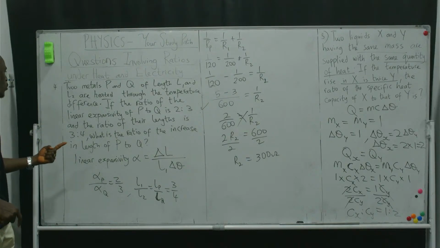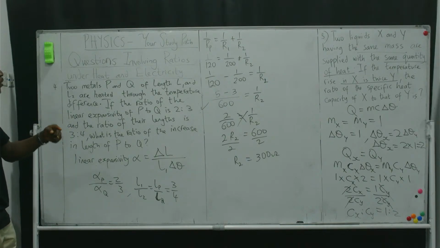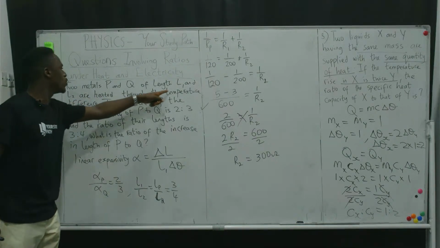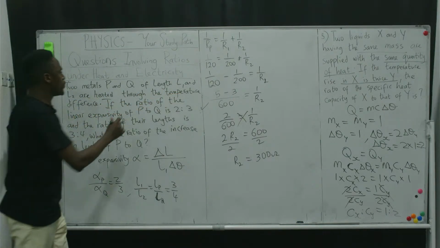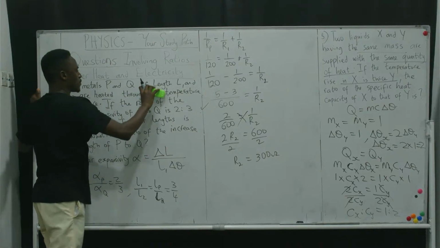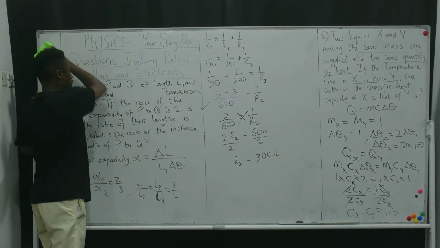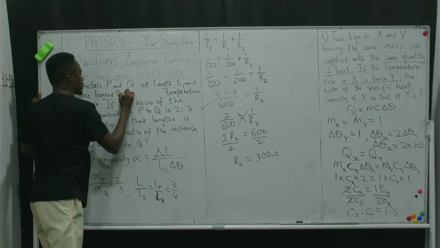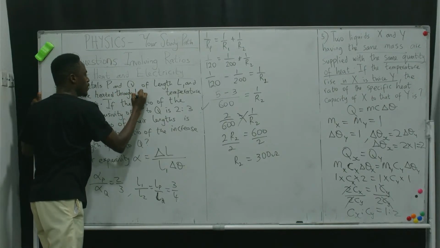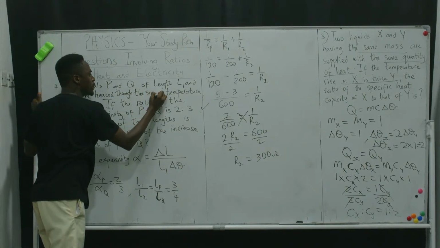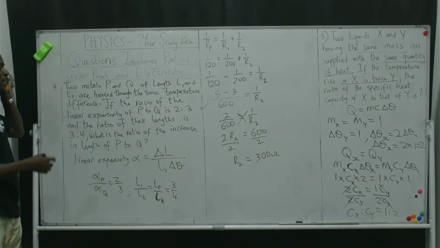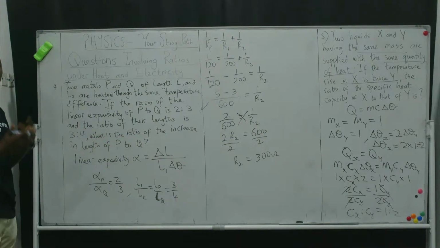where we are to pick the temperature values to be the same. Note, we are told that the temperature difference is the same. They are heated through the same temperature difference, meaning the temperature value for the first is equal to the second.